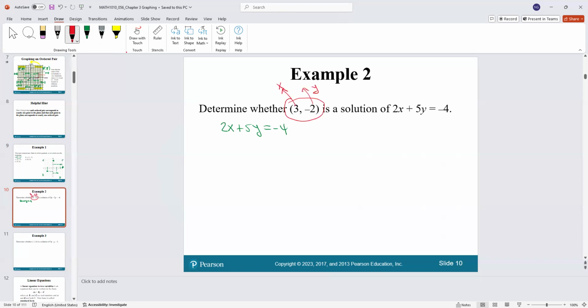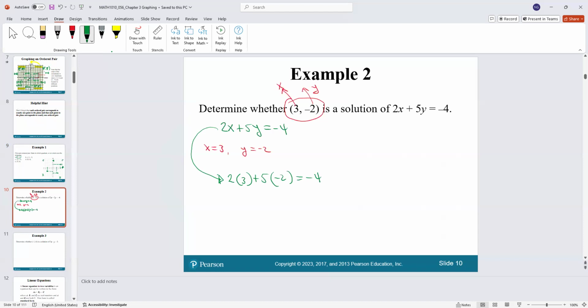That means x equals 3, y equals negative 2. Now, everywhere you see x, you replace it by 3, and everywhere you see y, you replace it by negative 2. So you have 2 times 3 plus 5 times negative 2 equals negative 4.